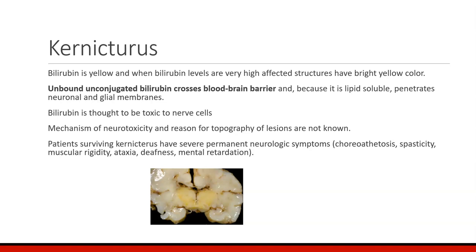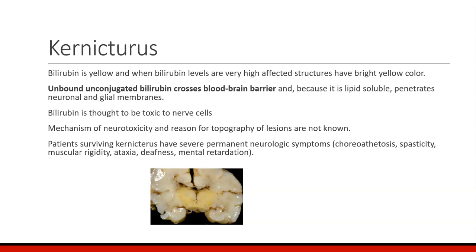And because it is lipid soluble, it penetrates the neuronal and glial membranes inside the brain. Bilirubin is thought to be toxic to the nerve cells, and the mechanisms of neurotoxicity and the reason for topography of lesions are not known, and it has a real affinity for the basal ganglia of the brain.